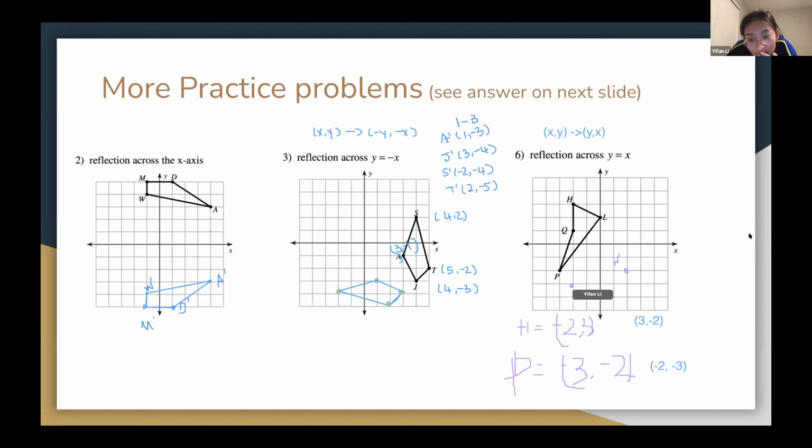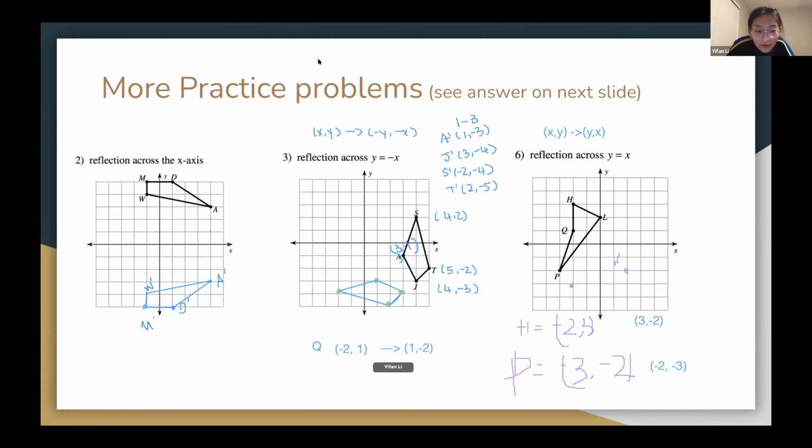And then, since I run out of space, I'll just do the rest here. For point Q, what was it? -2, 1. So it will be 1, -2.